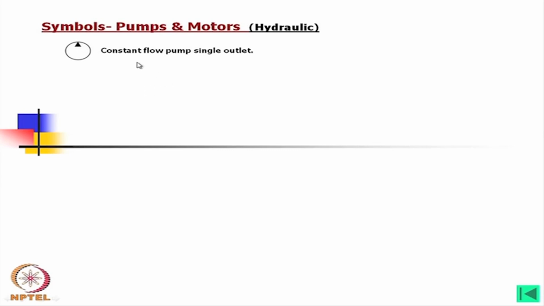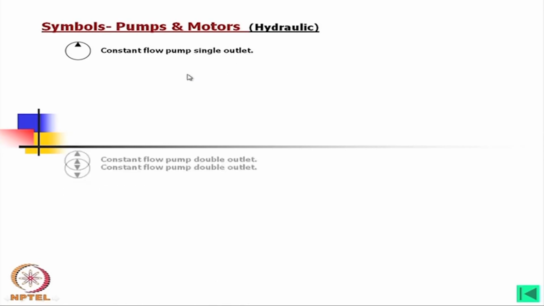However, this pneumatic pump is different, rather it is a compressor, the symbol is different, we will come later. So, looking into this one circle and one arrow, we should call it constant flow pump, single output.